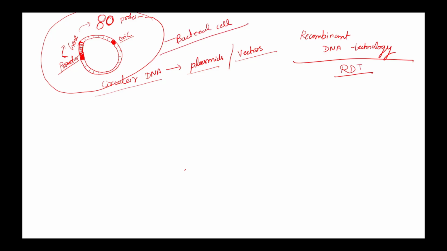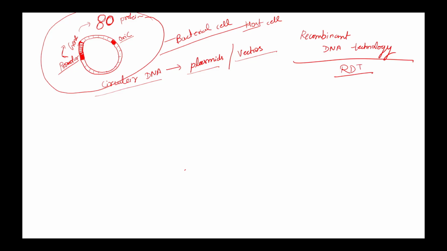Now the bacterial cell, which is a host cell, does not produce this gene of interest by itself. That is why we put this gene inside a vector in frame with a promoter, so that the promoter will actively transcribe this gene, and the gene keeps on producing the protein inside the bacterial cell.